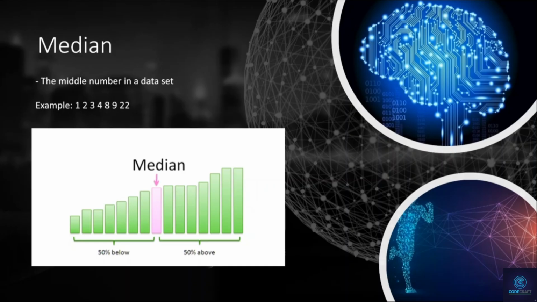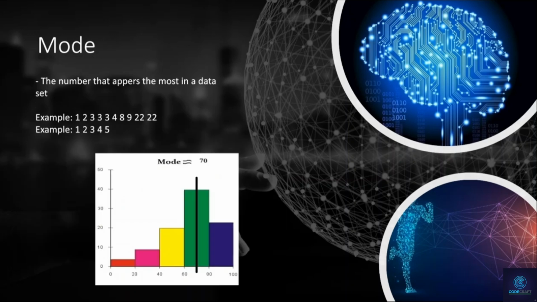So let's say, for example, we have 1, 2, 3, 4, and 1,000. In this small data set, the median would be 3, even if the average between 1 and 1,000 would be 500. The median is 3 because this is the number that is in the center. So this is for the median.